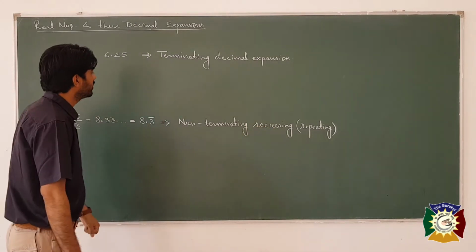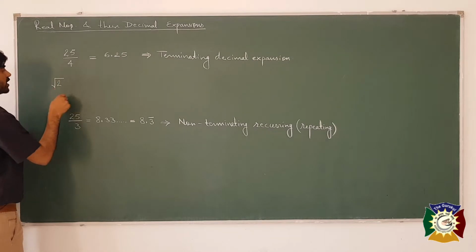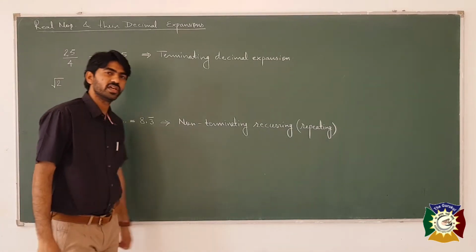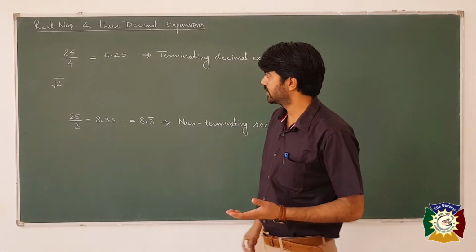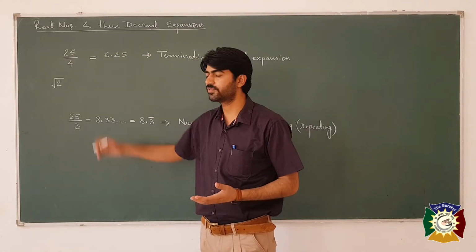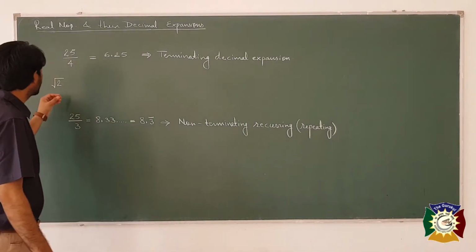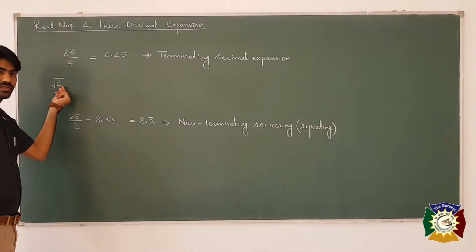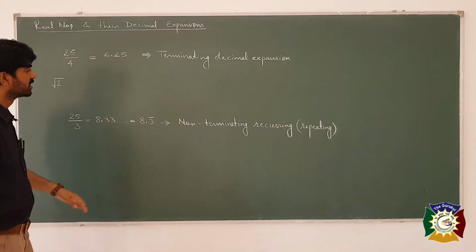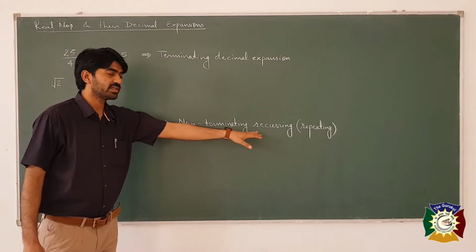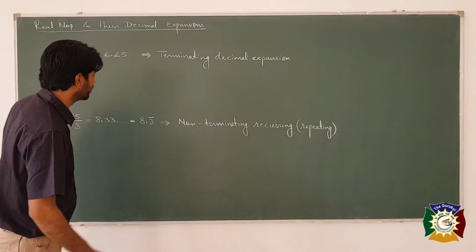But what happens if I convert root 2 in decimals? We have the division method. In class 8 you might have learned how to find the square root of any number by division method. So if we find the value of root 2 in decimal, then we get a number which is non-terminating but non-recurring also. It means that it will not repeat also.